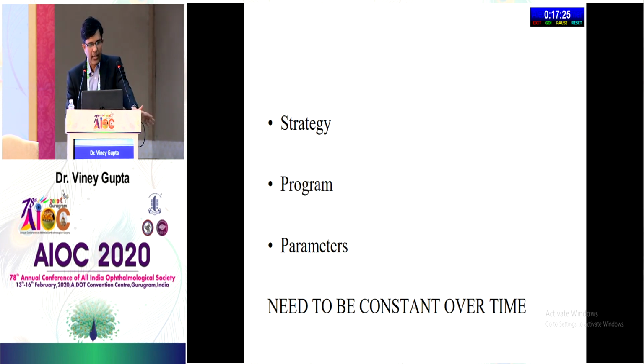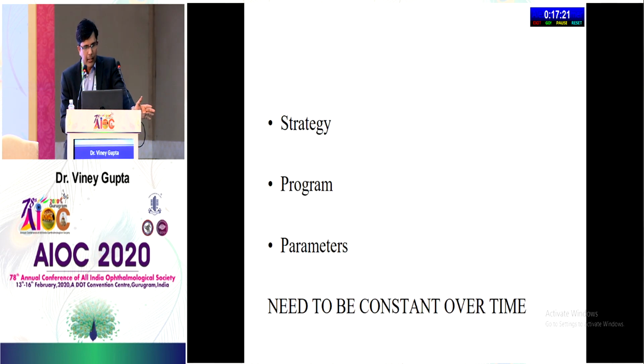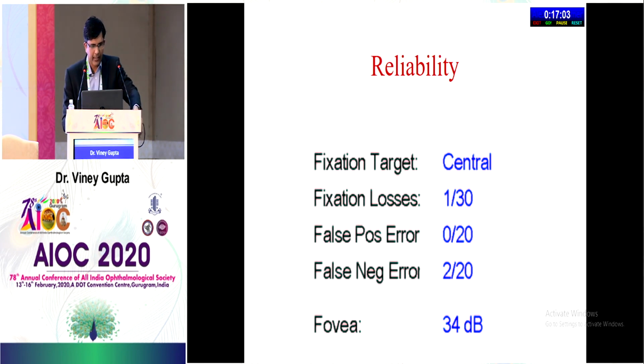Okay, so all of these parameters should be fixed. That means the strategy that has been used, the program that has been used, the size of the stimulus that has been used over a period of time should be fixed. It's not that sometimes he's doing 10-2, another time he's doing 24-2, and third time he's doing 30-2. If he's done a 24-2, you would like to compare it with a 24-2 over the next period of time.